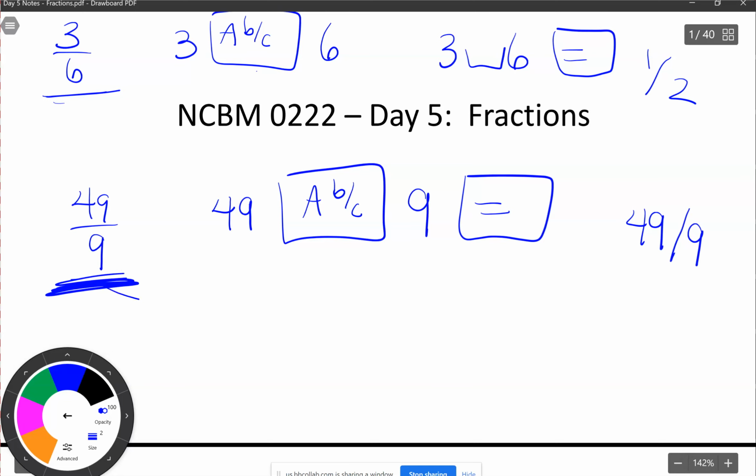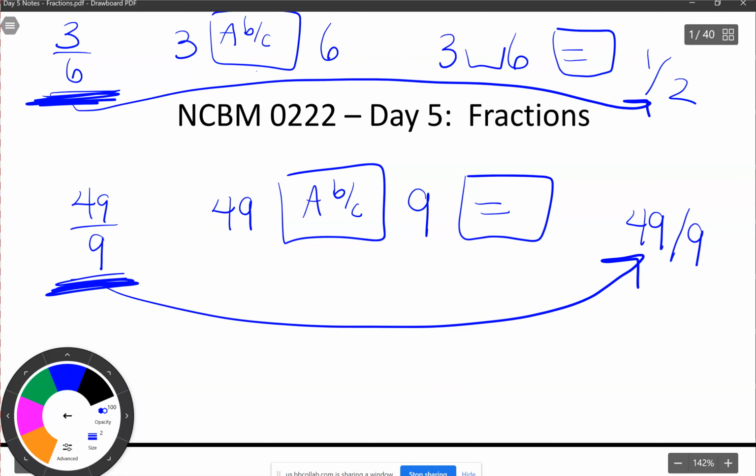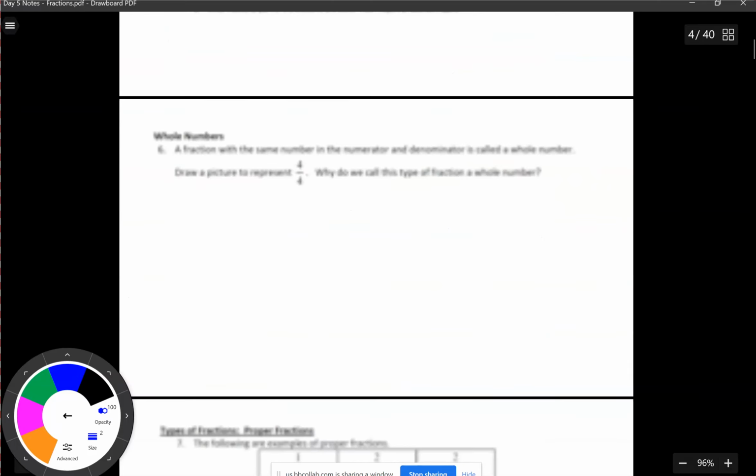So your calculator will just keep it 49 out of 9, where 3/6, your calculator will automatically simplify it to 1/2 for you.